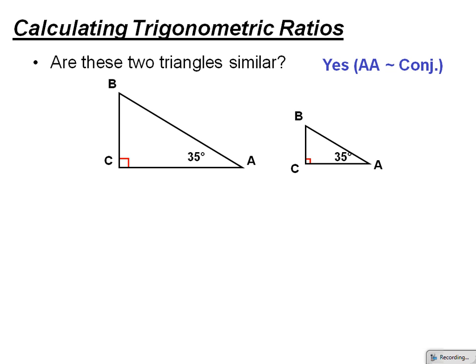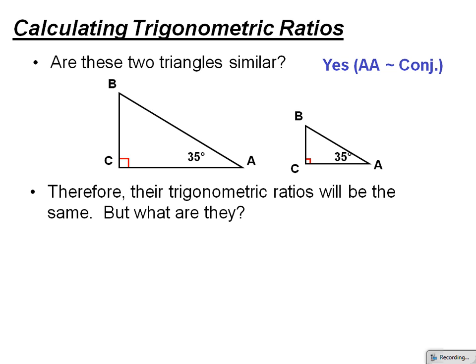Now, since we just got done concluding that the trigonometric ratios will be the same, that begs the question, what are the ratios? Because as you can see in those two triangles, there's no side lengths given. So how can we figure out what the sine, cosine, or tangent ratios are if there aren't any side lengths given? Doesn't matter. The ratios exist, and they have to be the same no matter which triangle.